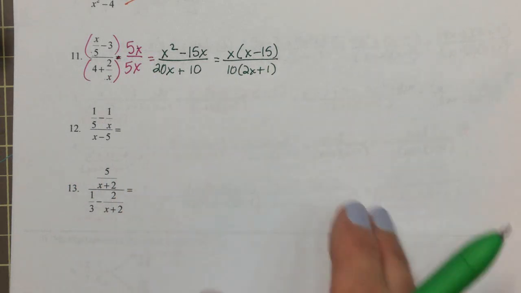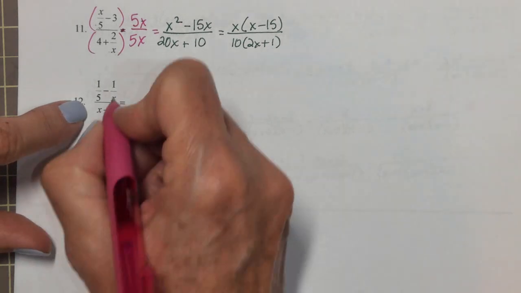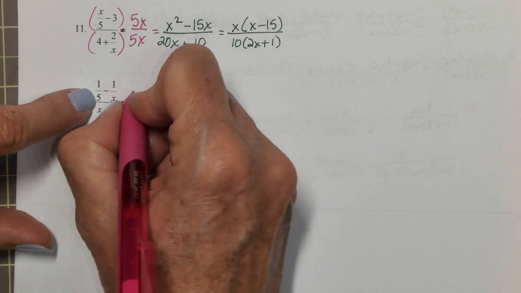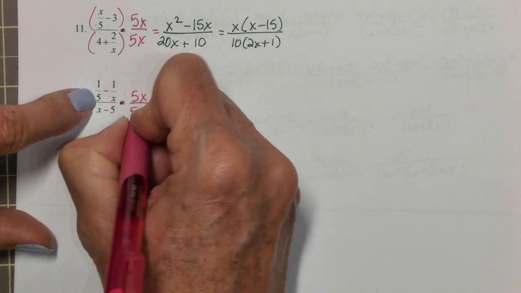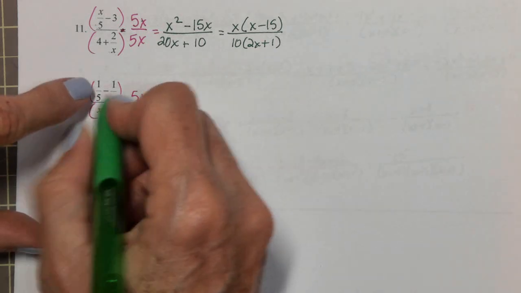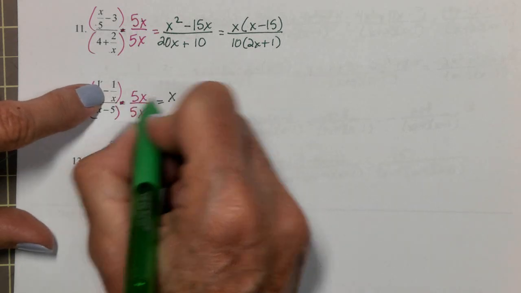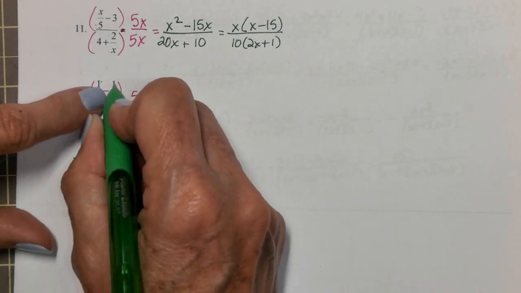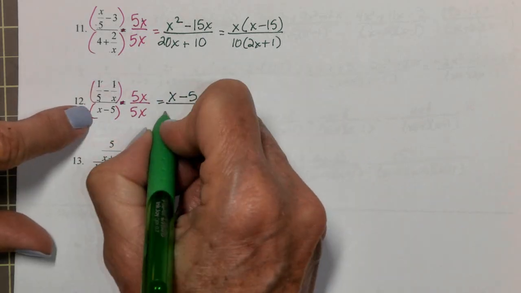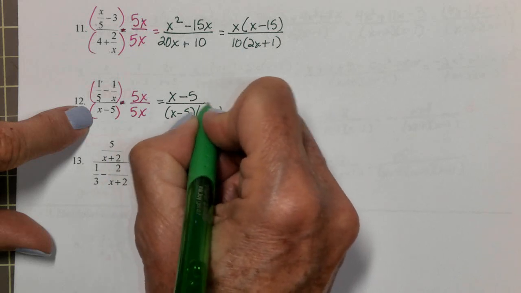It really did. So in number 12, there's a 5 and an x in the little denominators. So once again, I'm going to multiply by 5x over 5x. And we will get 1 over 5 times 5x is x minus 1 over x times 5x is 5 divided by x minus 5 times 5x.